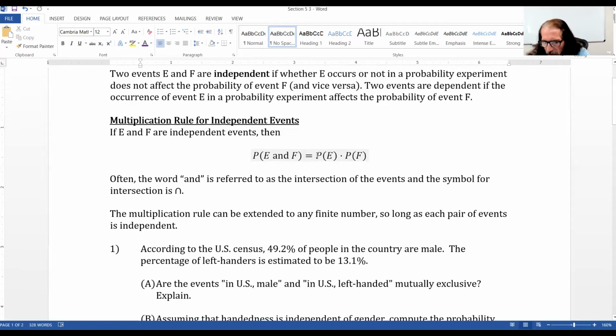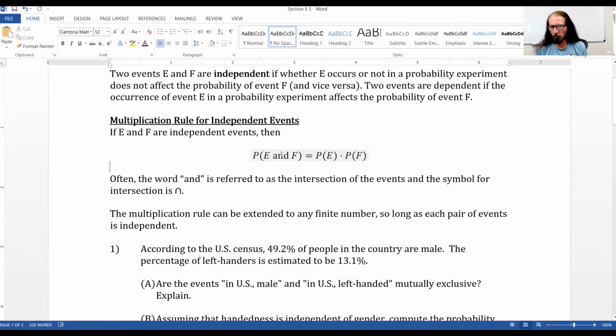On the other hand, if you happen to know the probability of both occurring, and each individual event's probability, you multiply them together and you get that it equals the probability of E and F, then you know you have independent events.